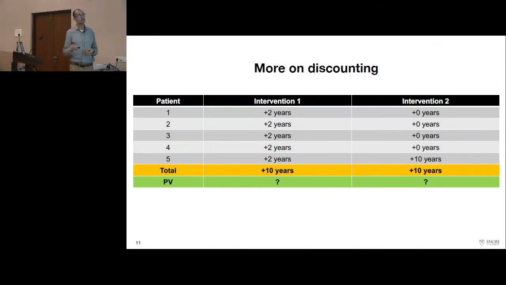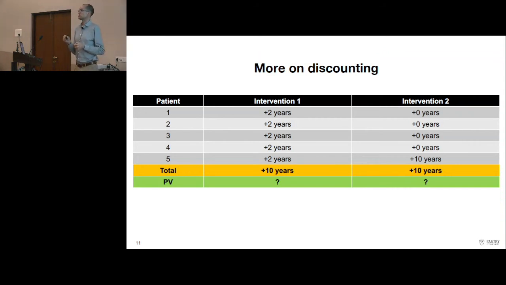We have 5 people with some health condition, and if we do intervention 1 on them, every single one of them will gain 2 quality-adjusted life years. So in aggregate, this group of 5 people will gain 10 years of life, right?